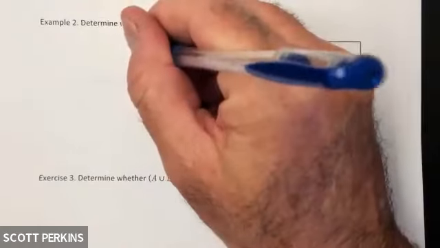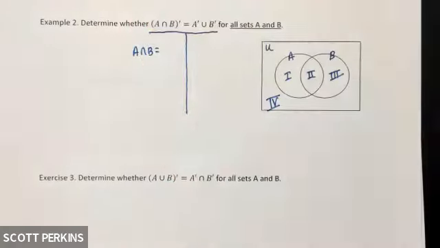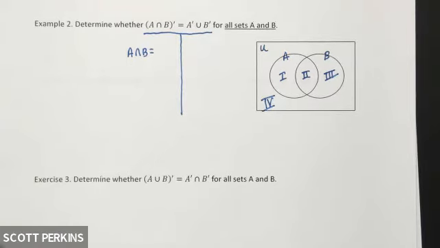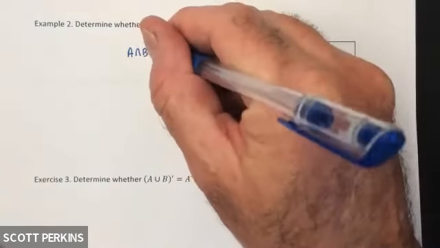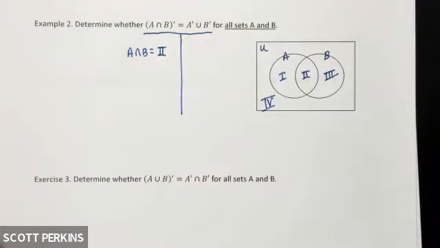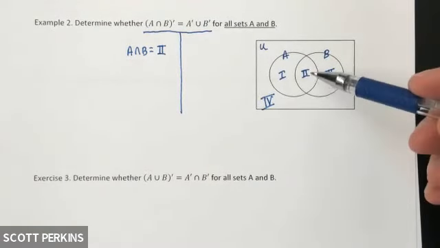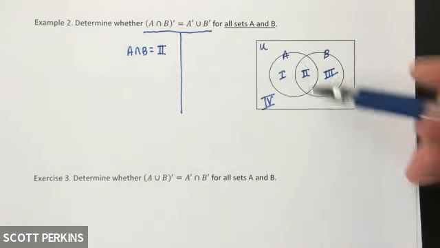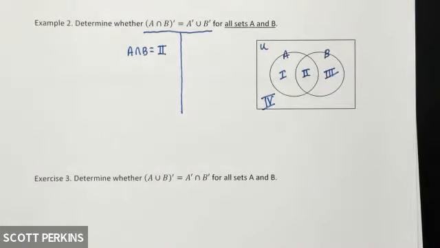I'm going to start off with A intersect B. Now, if you can do this all at once, more power to you, that's fine. So A intersect B. What region or regions represent the elements that would be in A intersect B? Number 2. Yep. That's all the stuff. So any elements, A, B, C, D, E, F, G, H, I, J, whatever the elements of your sets are, any of them that are in region 2 are in the intersection.